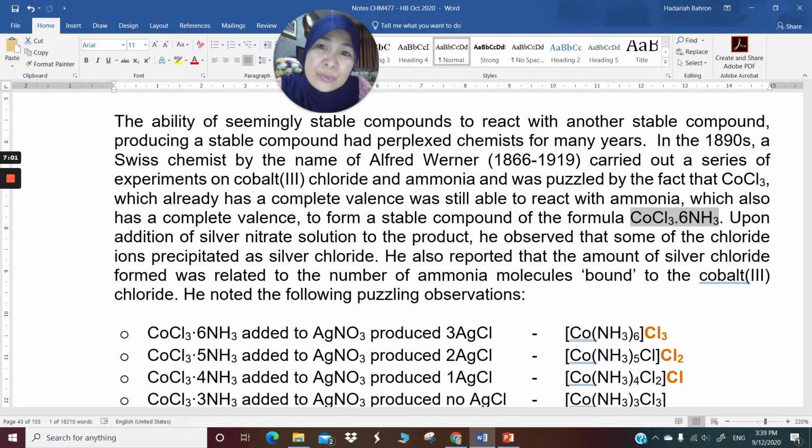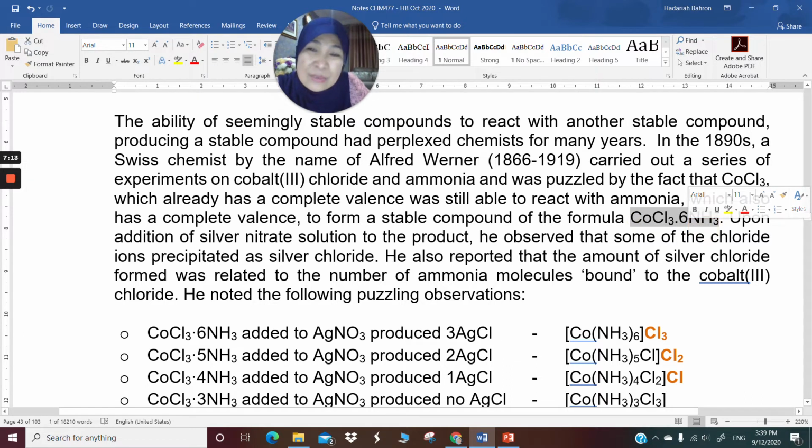So, to his surprise, when he added silver nitrate to CoCl3 6NH3, he managed to get a silver chloride white precipitate.